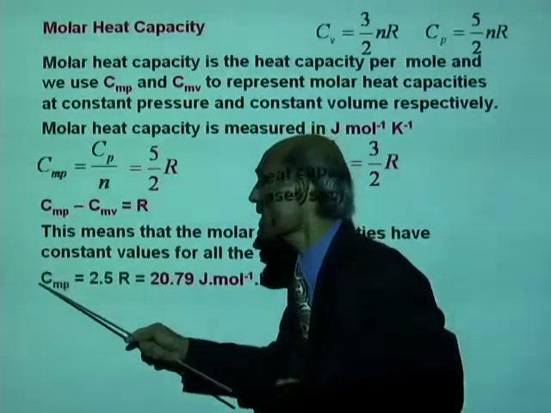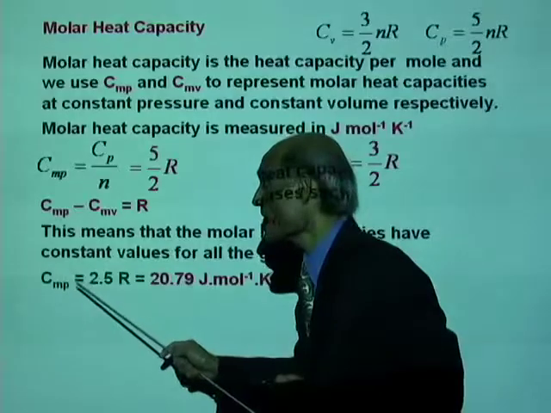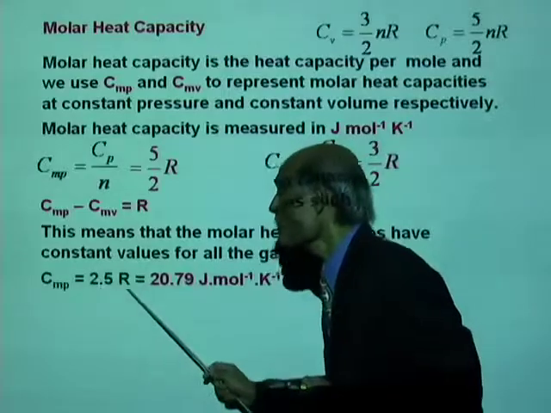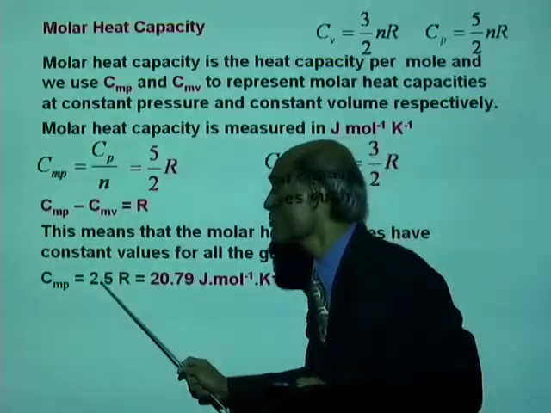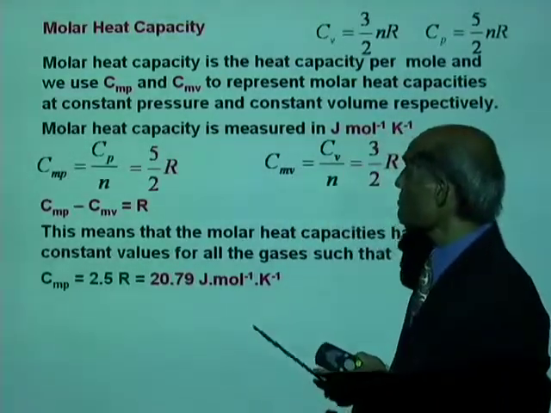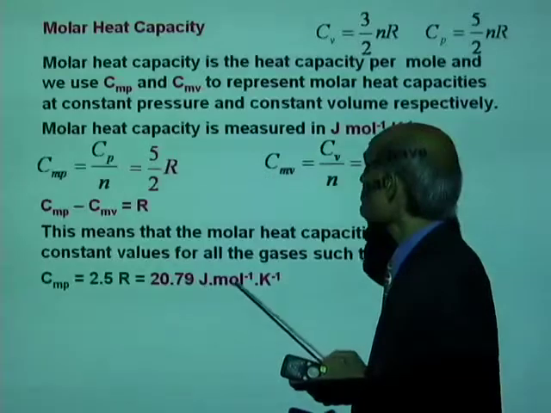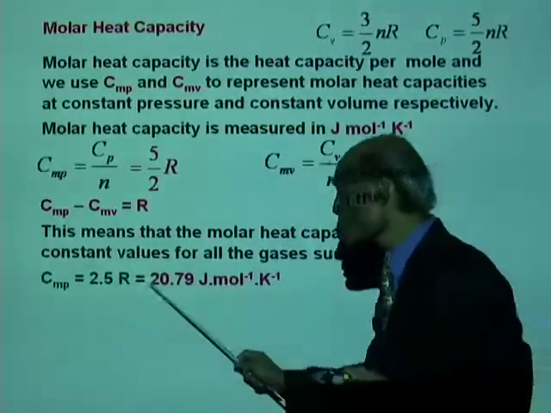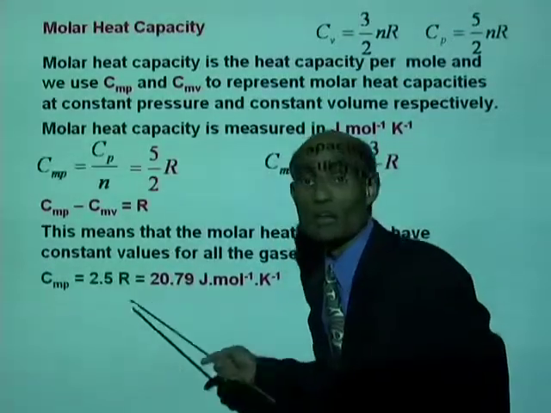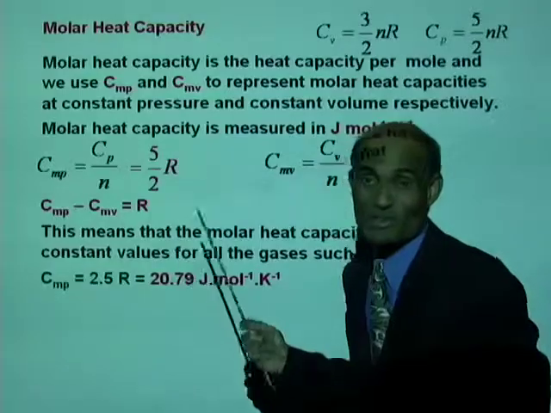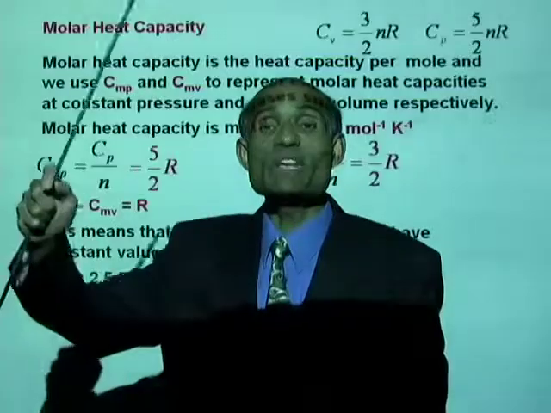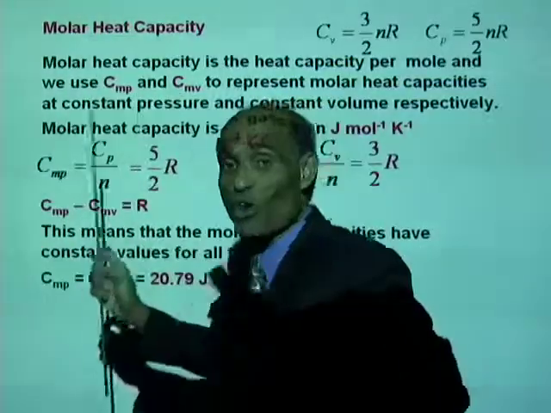Cmp, the molar heat capacity at constant pressure, is 5/2R, which is 2.5R. That will be 2.5 times 8.314, which is 20.79 joules per mole per Kelvin. This is the value of Cmp. Now, this is the theoretical value. What is the meaning of that? Well, all these are based on our assumptions.